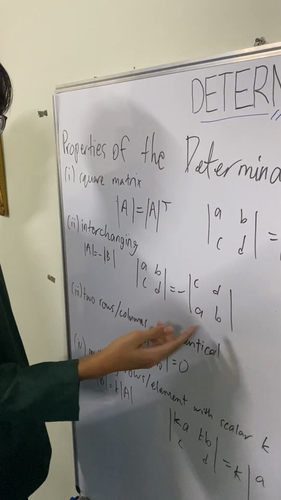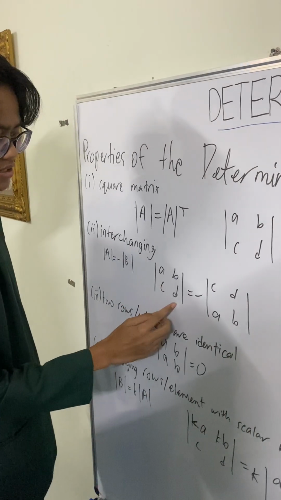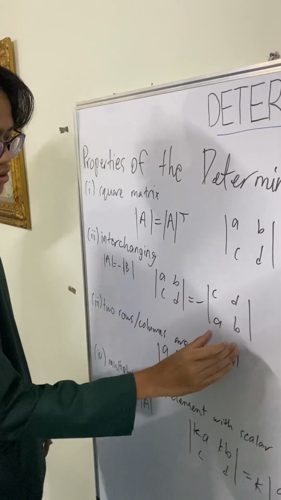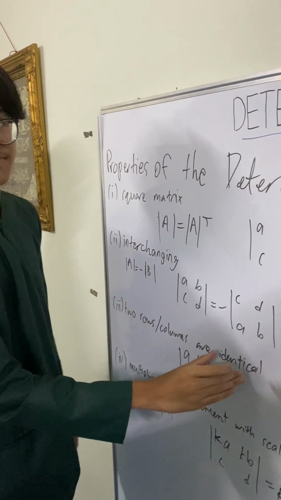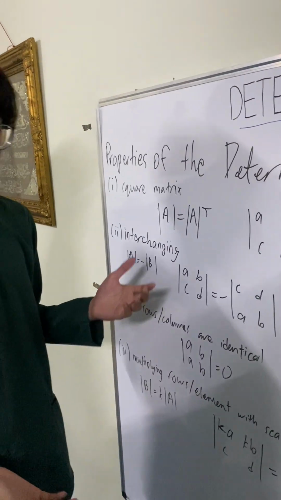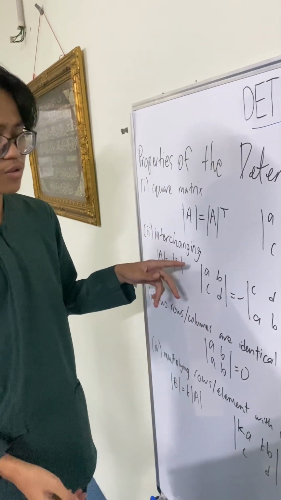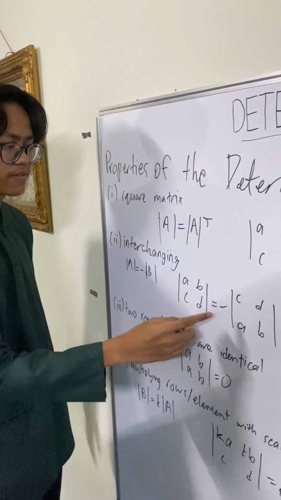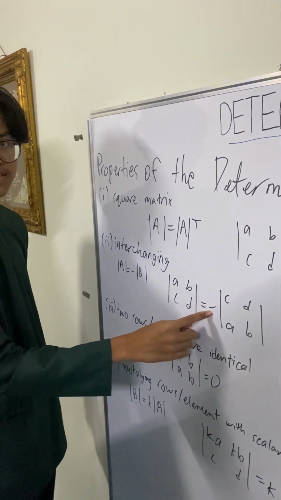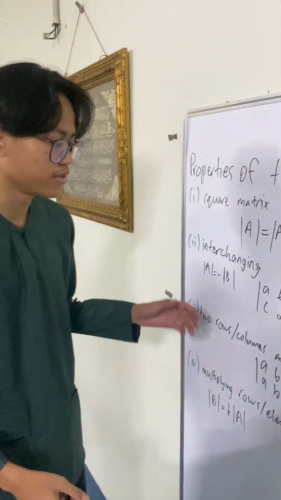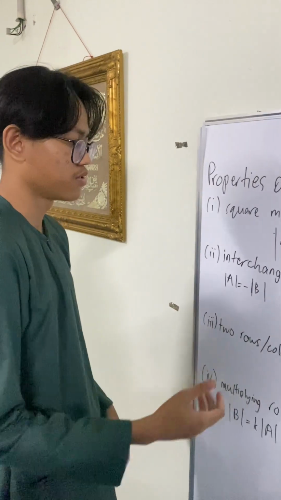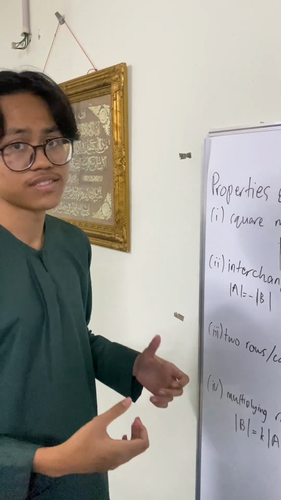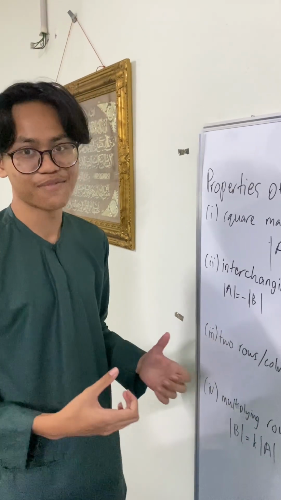But on the other side, C D is on the first row, but A B is on the second row. So we can see both of them switching rows, and we have a negative sign. So when we calculate, we can still get the same value.